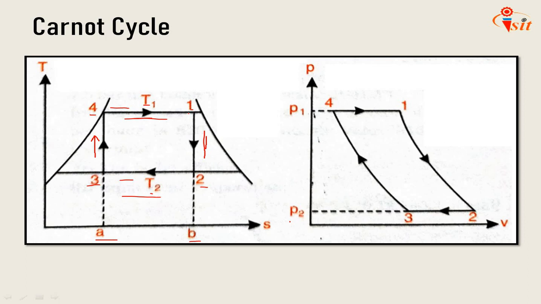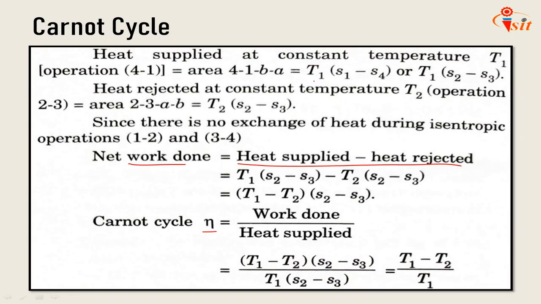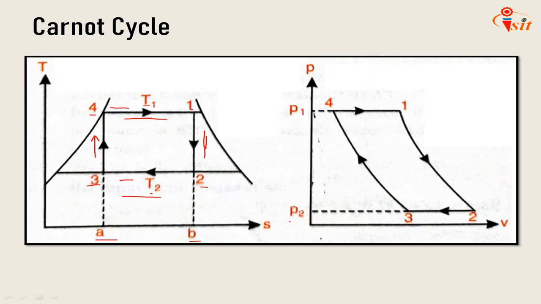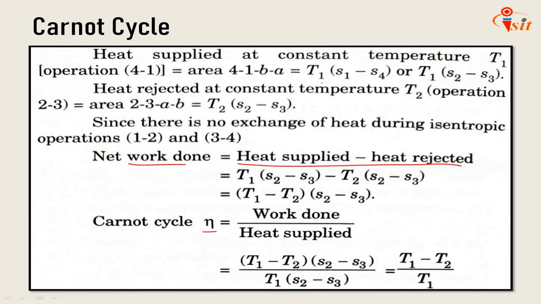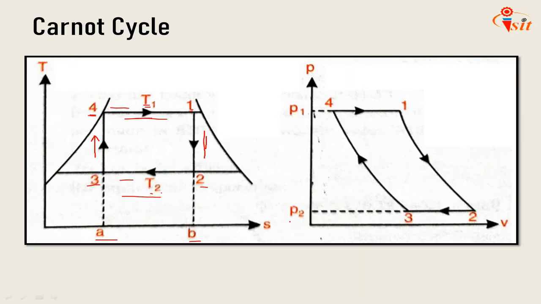The equation is T1 (S1 minus S4), where S1 minus S4 is the change in entropy, or T1 (S2 minus S3), because S1 equals S2 and S3 equals S4. We substitute S3 for S4 and S2 for S1.